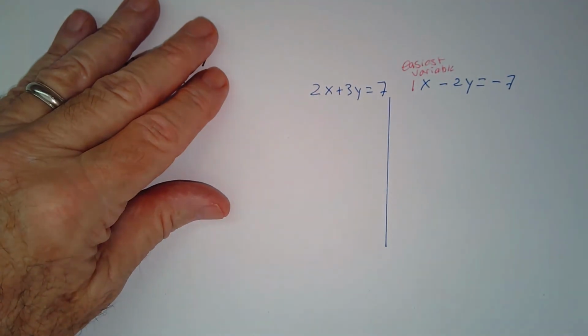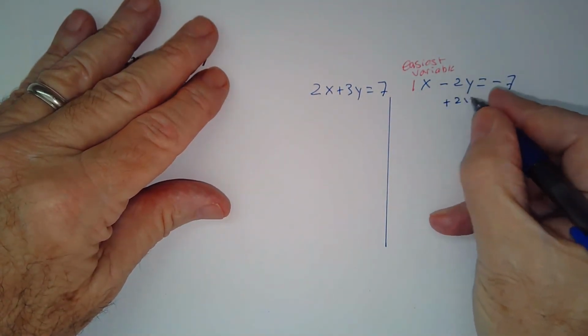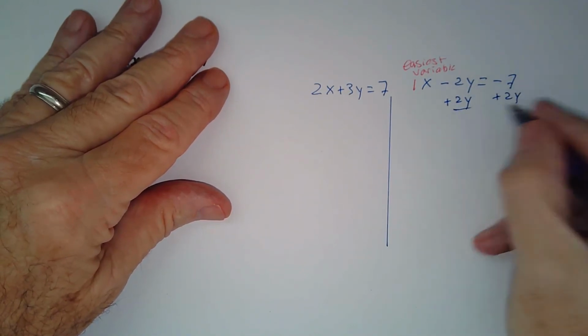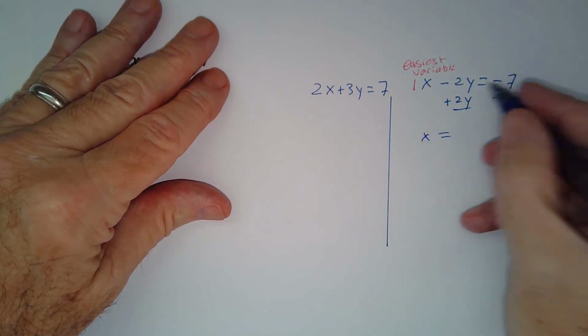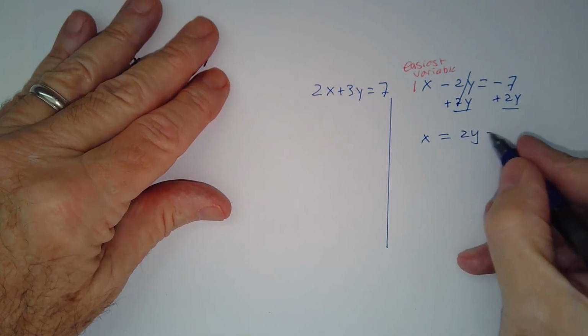So I'm going to add 2y to both sides. And when I do that, I get 1x equals, this goes away, 2y minus 7.